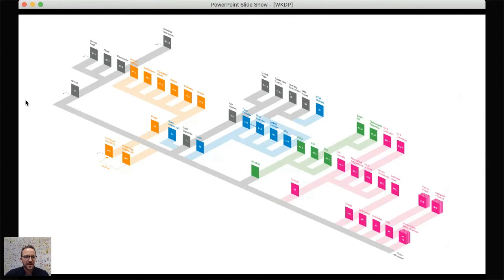I tend to love these 2.5D, called isometric, views of a system. Because of my background and experience in data visualization, I find these specific representations to be very effective. But you could use any type of scheme or diagram to convey the architecture of your product, right? So that would be step number 1.